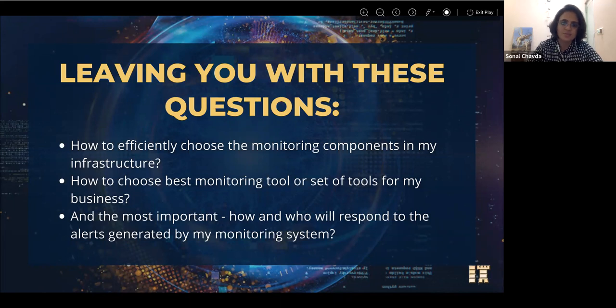How do you choose the best monitoring tool or set of tools for your business? And most important, as emphasized again and again, how and who will respond to the alerts generated by my monitoring system? Because that is the whole aim of monitoring: to offer seamless service to your customers and keep your systems running smoothly.